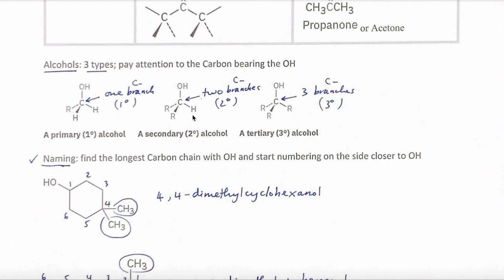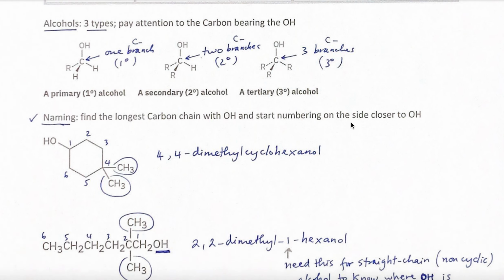Now, if it's a secondary, it has two; you can think about them as carbon branches. Branches with carbon, and that's secondary. And three branches, it could be 3-methyl, and that's tertiary.